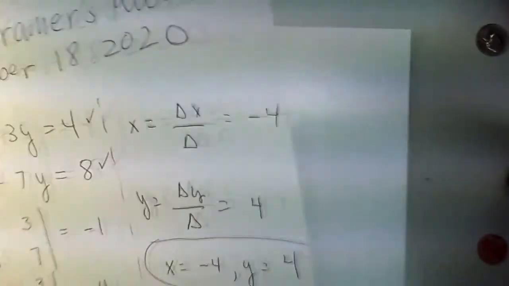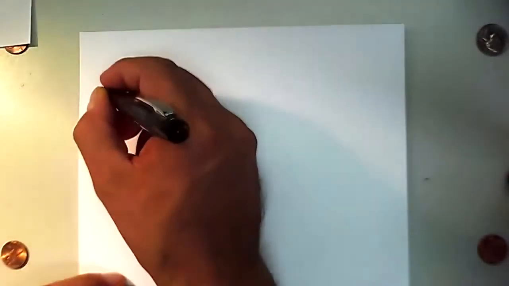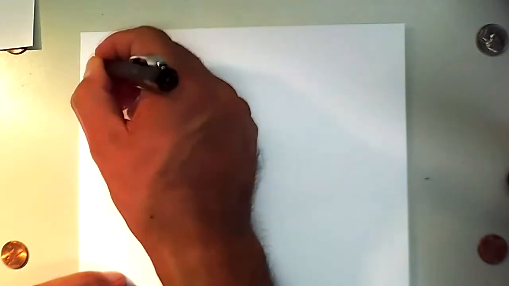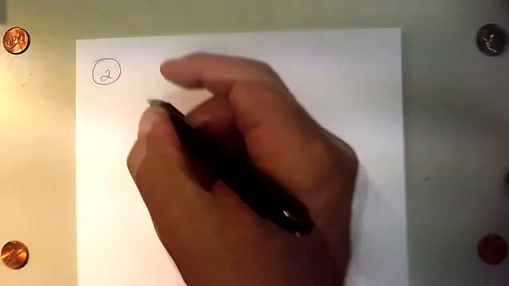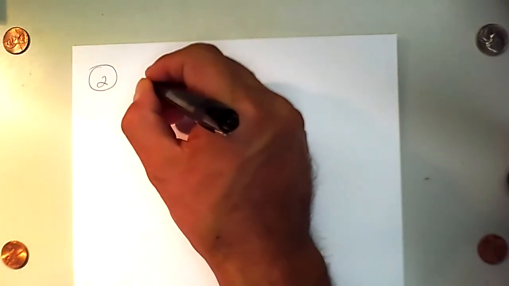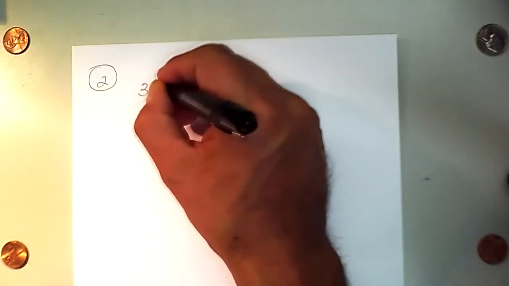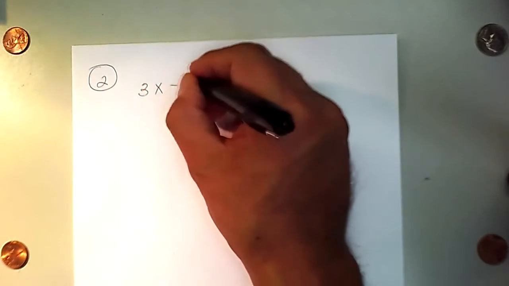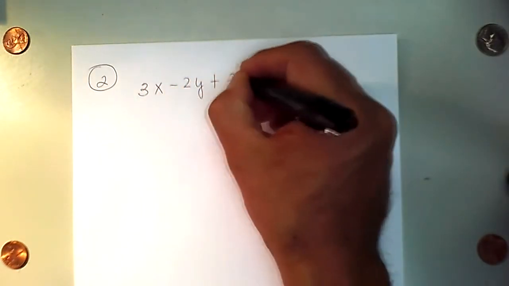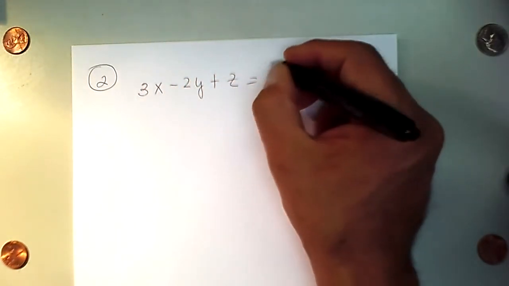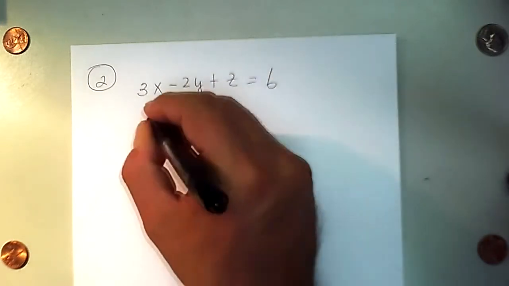Let's do a second problem, a longer problem, a 3 by 3 problem. So let's say we got 3x minus 2y plus z equals, I don't want to use too big of a number, but 6.